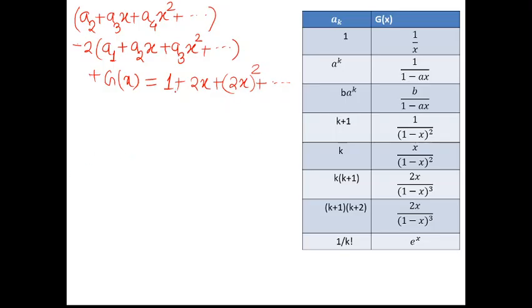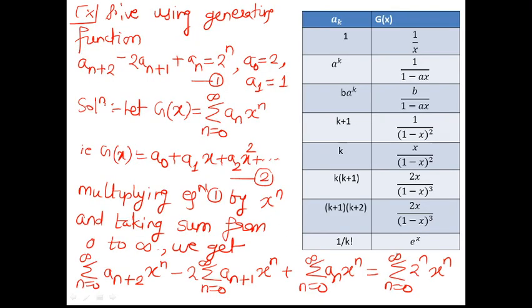Or else, what is the next step? Another way for this: you can see this is the generating function wherein the general term is in the form 2 raised to n.